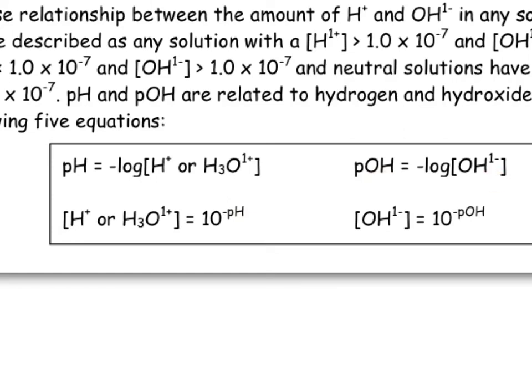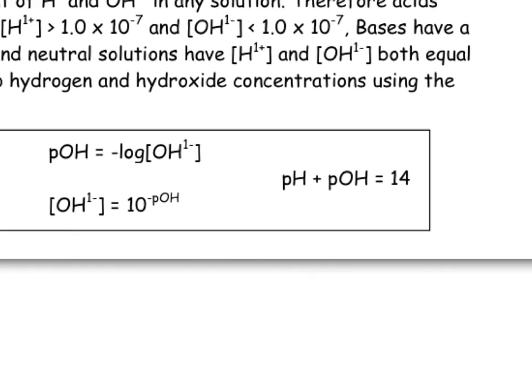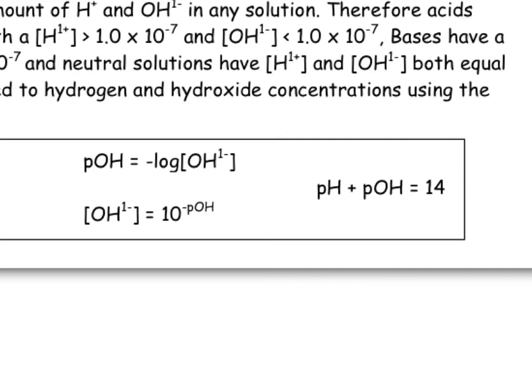The equations look very similar, just involving the different ion. An interesting relationship appears between pH and pOH. Both values added together always equal 14.